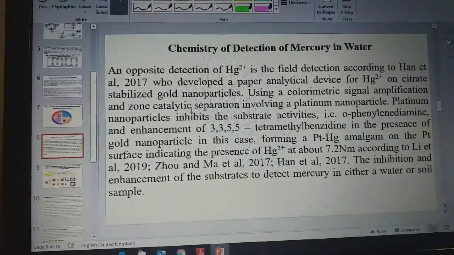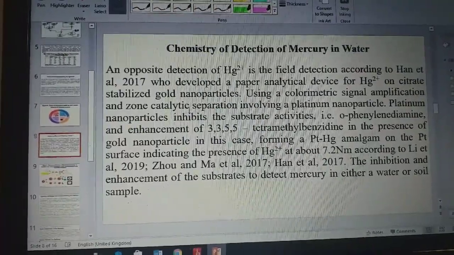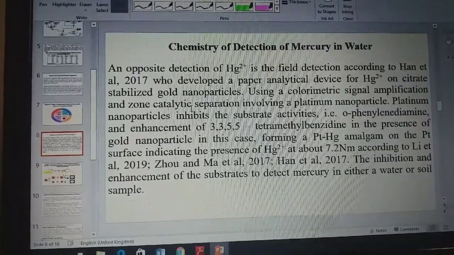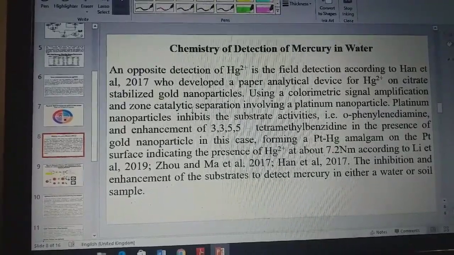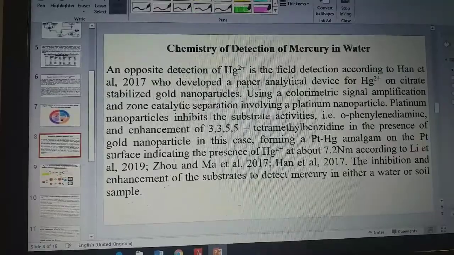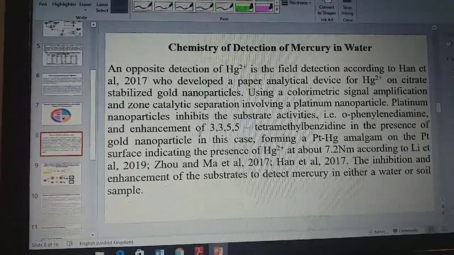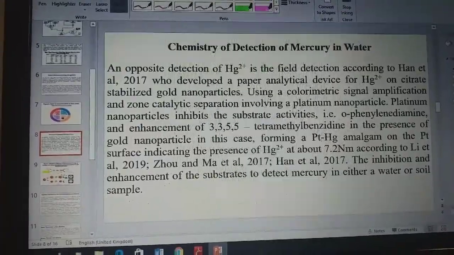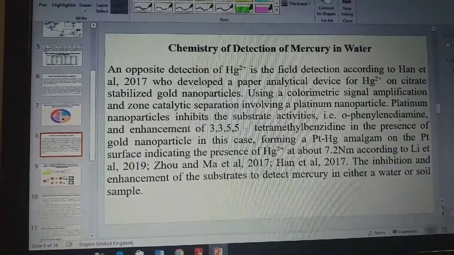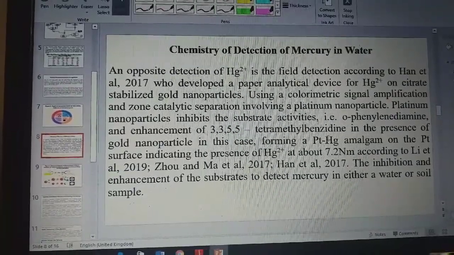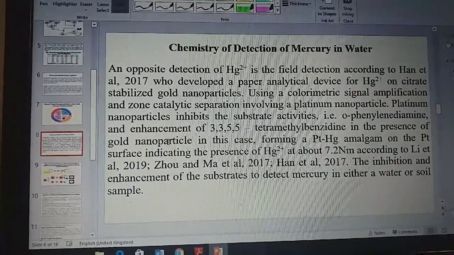The activity will show you that there is presence of mercury in this water sample, in that it inhibits phenylenediamine and enhances 3,3',5,5'-tetramethylbenzidine in the presence of a gold nanoparticle.